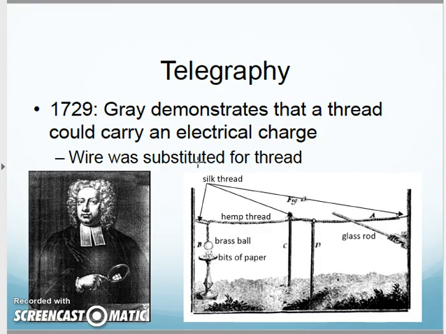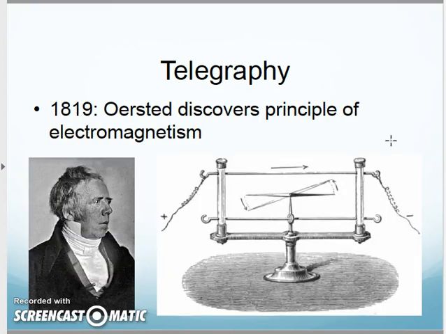Gray demonstrates that you could actually send electrical charge across a thread. So it's kind of the beginning idea of, hey, maybe we can move something else across. They don't have wire yet, so to speak, but a wire. 1800s, now, roughly almost 100 years later, we have another scientist that discovers the principle of magnetism.